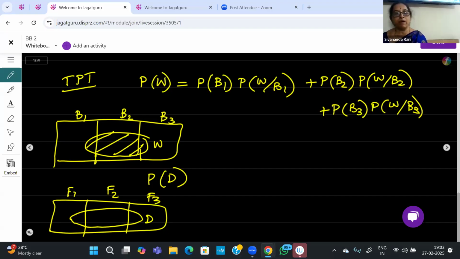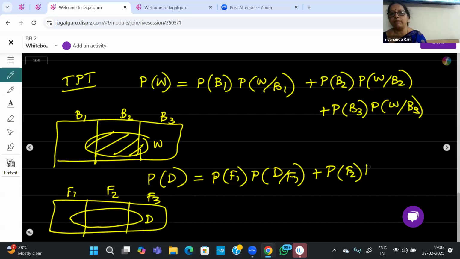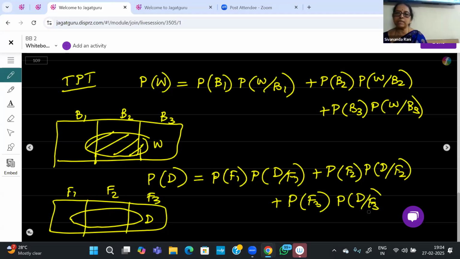What is the probability of finding any defective item? It is the probability of choosing the first factory and then getting a defective from it, or choosing the second one and finding the defective from it, or choosing the third and then finding the defective from it. So this is how the total probability theorem goes.